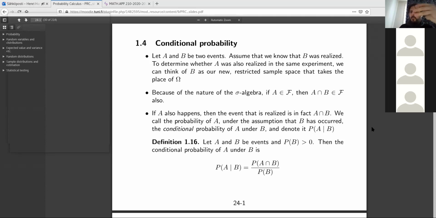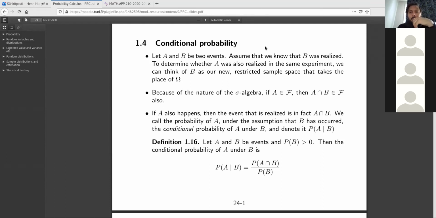Which of these three are even numbers? 4 and 6. So the probability of it being even is now 2 over 3. It's not 1 over 2, it's 2 over 3. So knowing that it's a big number, it is more likely that we have an even number. That's the idea of conditional probability here.